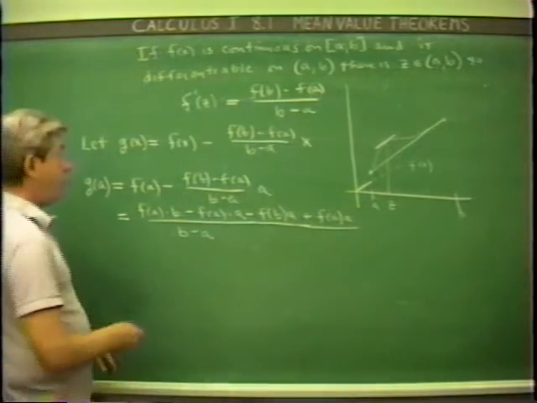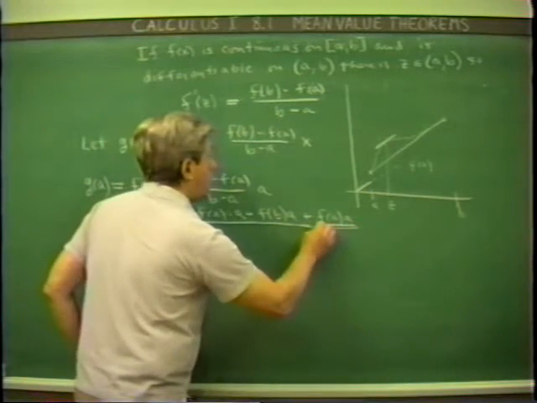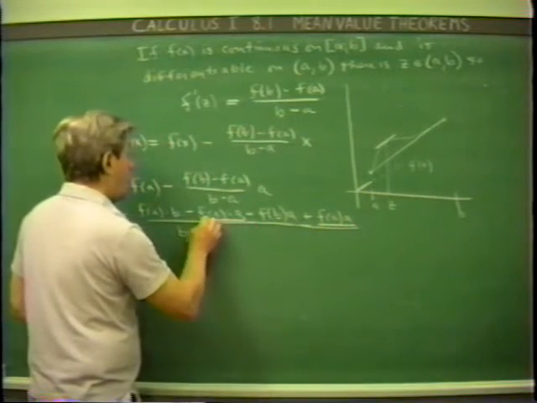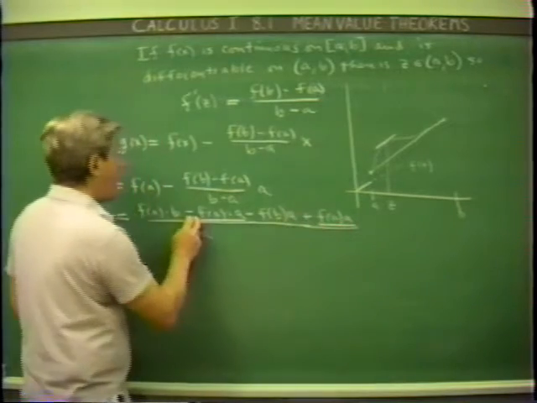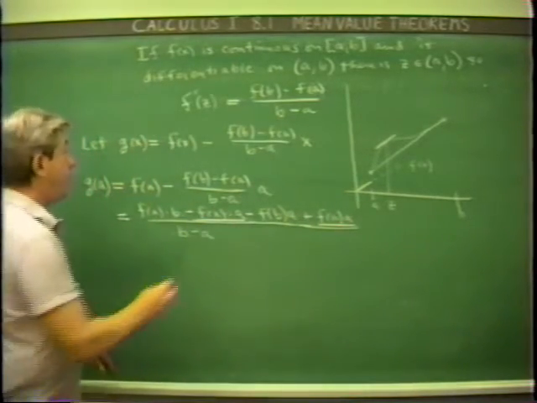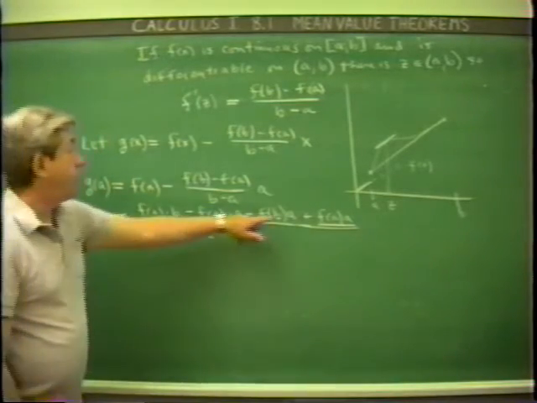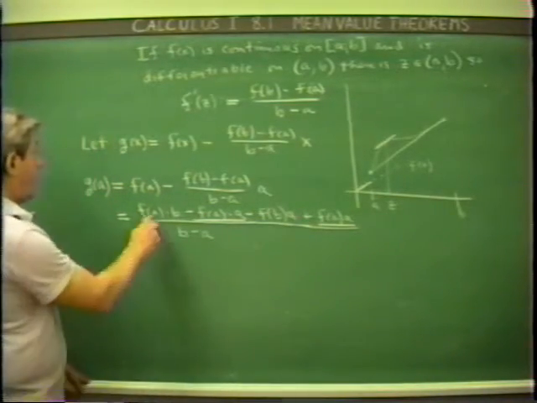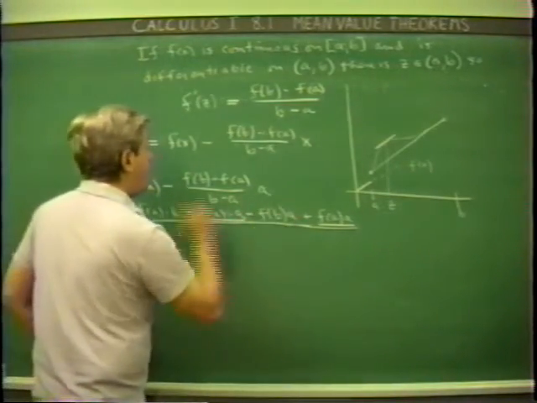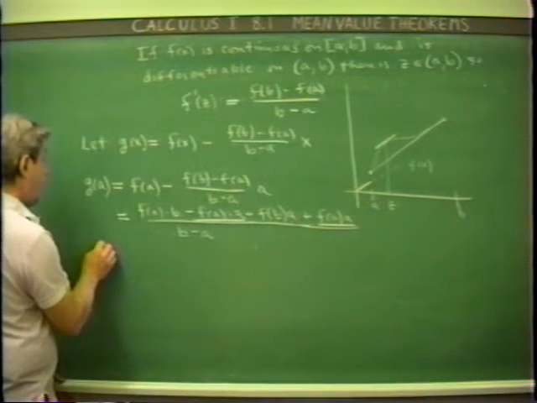All right. Now, here, these two, f of a and minus f of a, can be removed because one is the negative of the other. So we end up with f of a times b minus f of b times a.